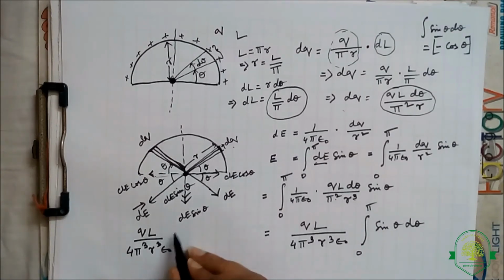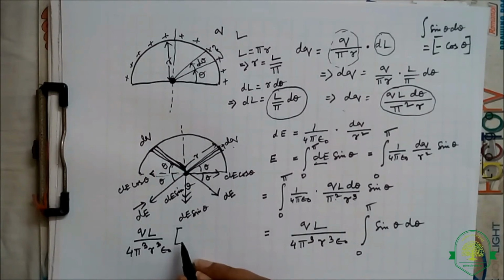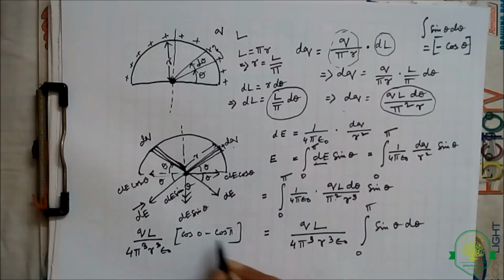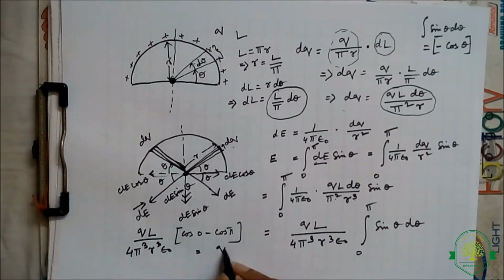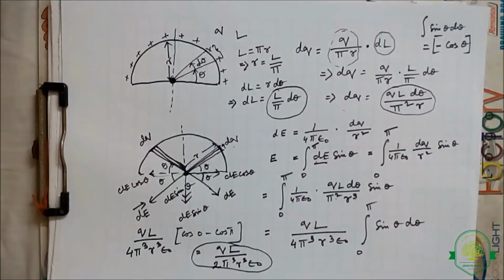If I substitute the limits directly, I'm just skipping one step due to slight lack of space, that will become cos 0 minus cos pi. So let me write that down, cos 0 minus cos pi, which is actually 2. This 2 will cancel this 4 and we'll get a 2 in the denominator. So the final result is QL over 2 pi cubed r cubed epsilon naught. So this is the value of the electric field that is created at the center due to the semicircular uniformly charged wire.